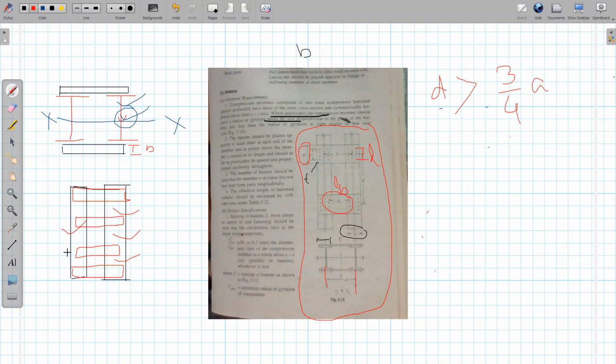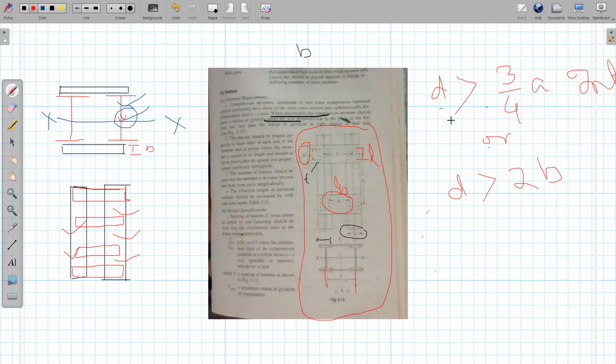Or d must be greater than 2 times of b. So 2 times of b we have to take, or 3/4 of a, and based on that we can find out the value of d. Out of these, whichever is the maximum will be taken.